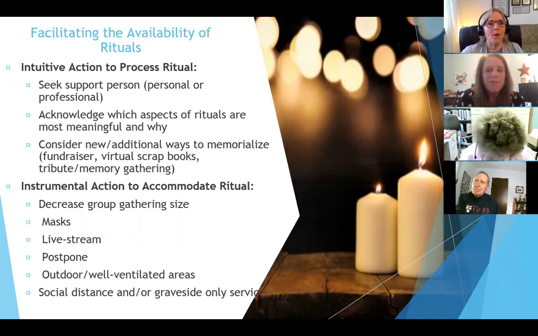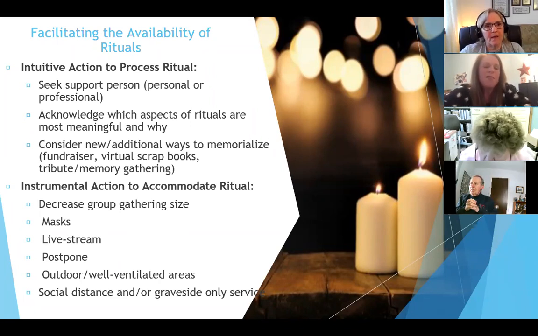Acknowledge which aspects of ritual are important and why. What do we do? How do we do it? A birthday party may always have been part of your family makeup, but maybe there's a different way to do it. And then of course the very obvious thing we need to do in order to get the ritual that you want is to postpone and change it in order to make do.